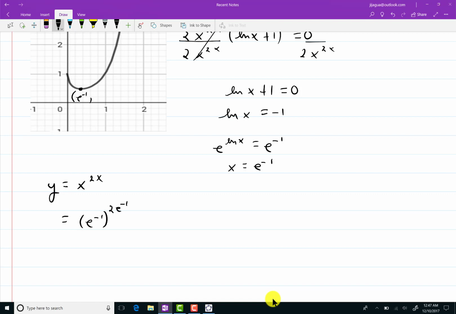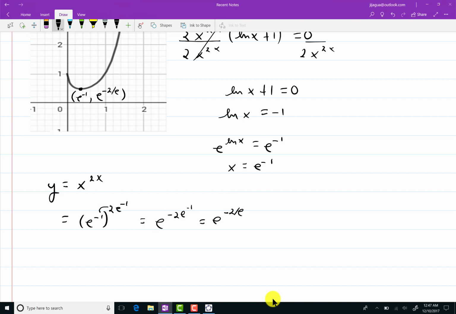Well, if you know how exponents work, you know that you're supposed to take this exponent and multiply it to that exponent. And we end up with e to the negative 2e to the negative 1. Or if you want, e to the negative 2 divided by e. That seems a little easier. So our lowest point then is e to the negative 1 comma e to the negative 2 divided by e.